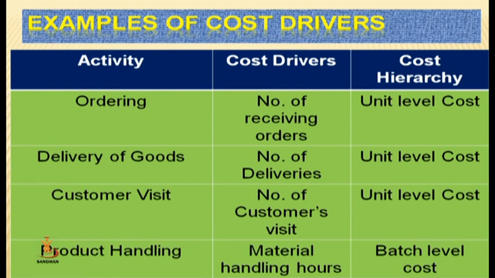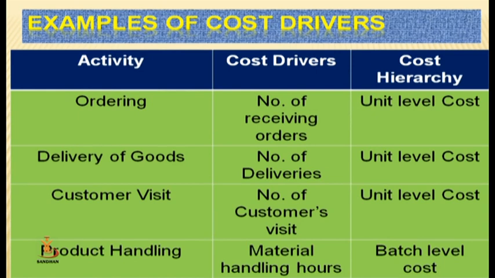I think from this slide it is clear what actually the driver and hierarchy are. Now, hierarchy is again a part of activity and cost. What exactly is the hierarchy? While employing activity-based costing to find the cost drivers, we check whether the cost driver is unit level, batch level, product level, or facility level.